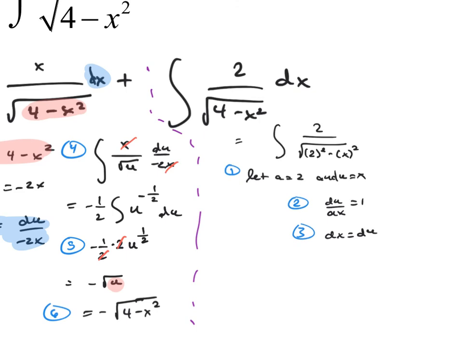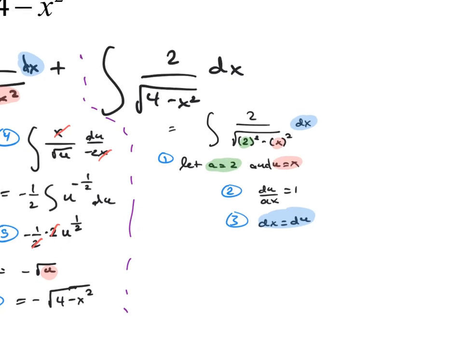I have a bunch of substitutions I need to make. I need to substitute in for dx. I need to substitute in for a. And I need to substitute in for u.